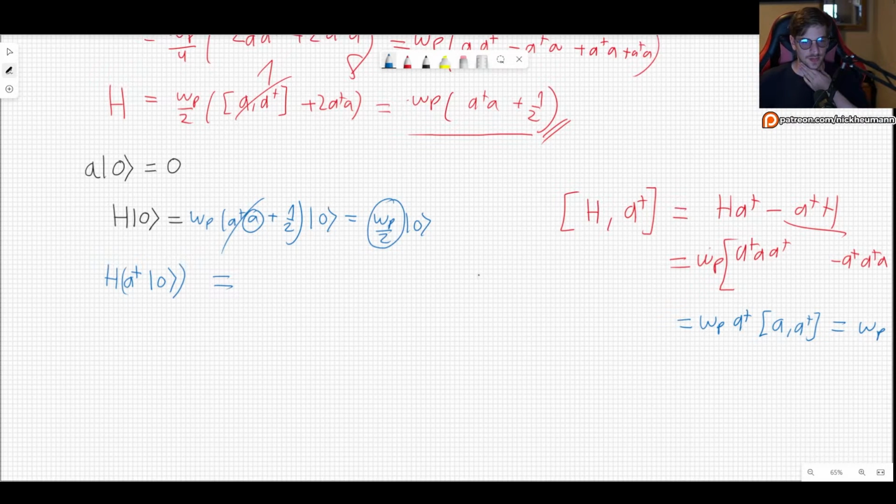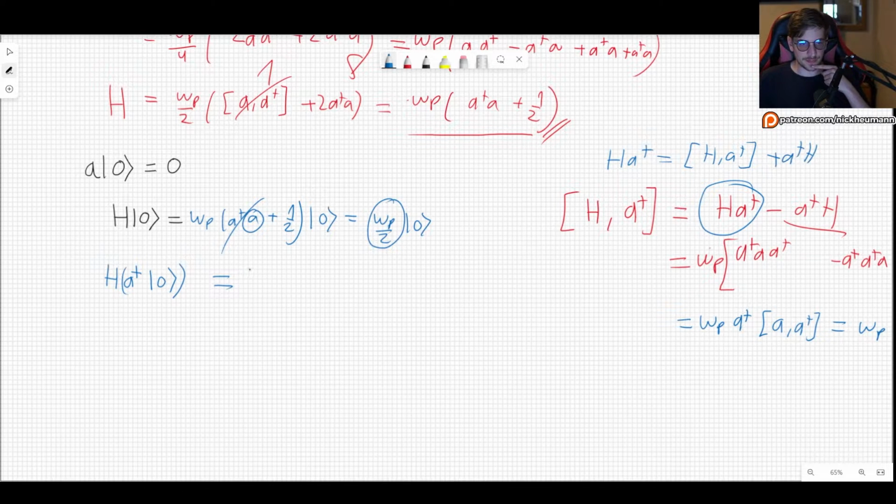That's why we're doing this. So we're going to switch around the order of the Hamiltonian and the raising operator. So from here, let's write it up here: H a dagger is simply the commutator H comma a dagger plus a dagger H.